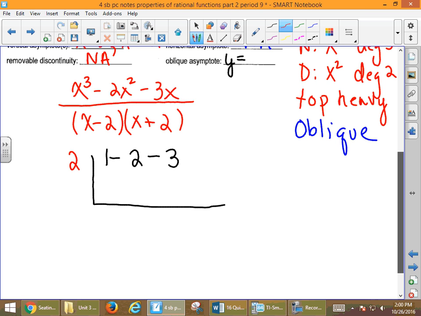So our first division is going to be with the 2. We carry this first term down, so it's 1. 2 times 1 is 2. Negative 2 plus 2 is 0. 2 times 0 is 0, and negative 3 plus 0 is negative 3.